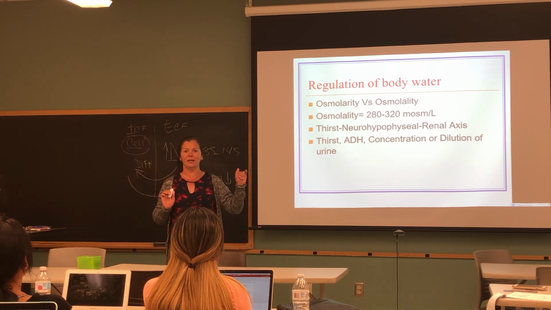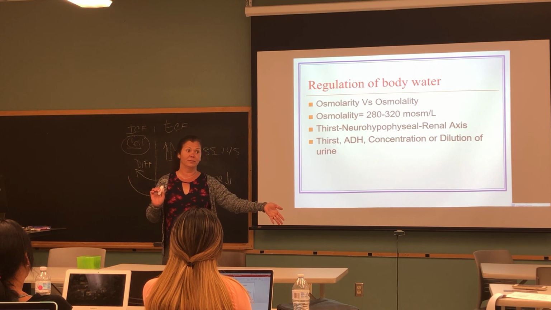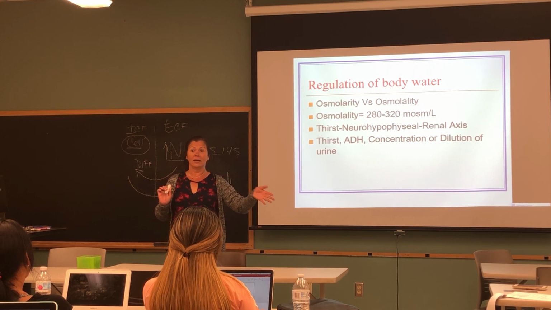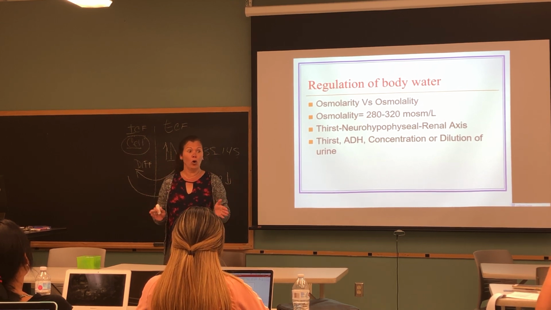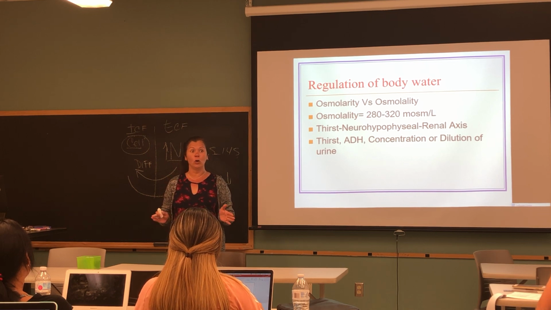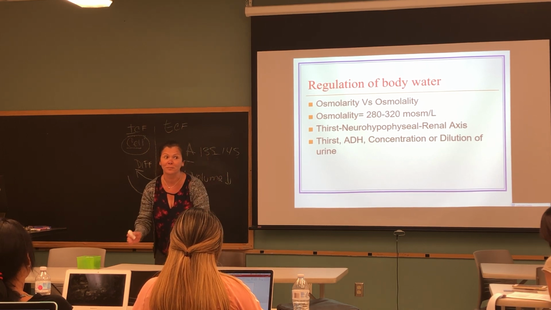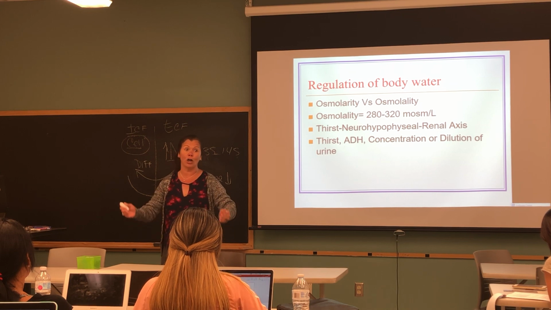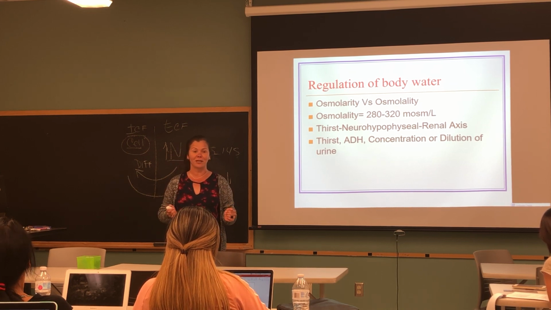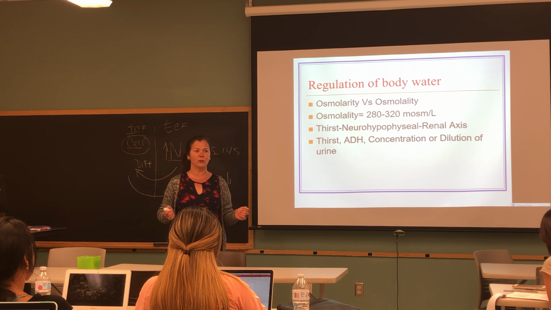In addition to that, if we go to hypernatremia, remember that hypernatremia can also be present by losing lots of volume or retaining lots of sodium. How can you retain a lot of sodium?